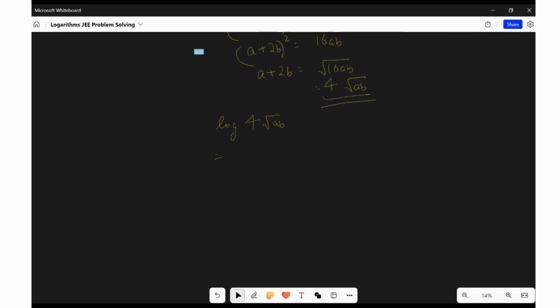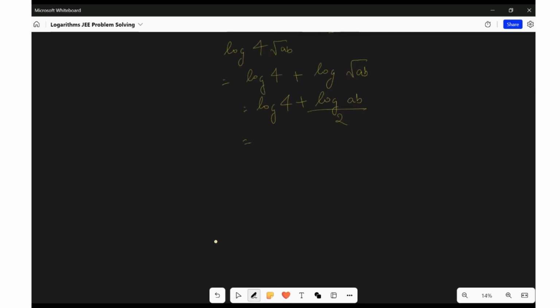Proceeding further, we can write this as log 4 plus log root ab, which is log 4 plus log ab by 2, and this simply becomes log 4 plus log a by 2 plus log b by 2.